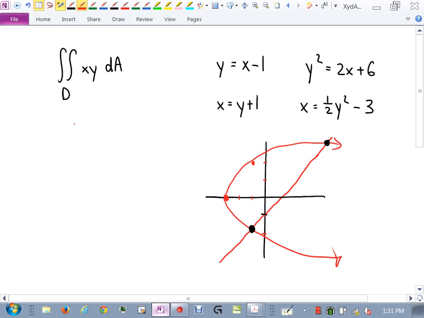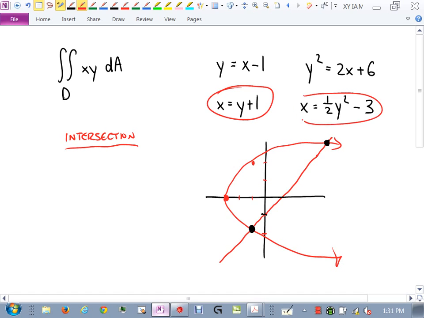Okay, to find their intersection, set them equal to each other. I'm going to set this one equal to this one. So I'm going to have y plus 1 equals 1/2 y squared minus 3. Move things around here: 0 equals 1/2 y squared, I brought that y from the other side, minus y minus 4.